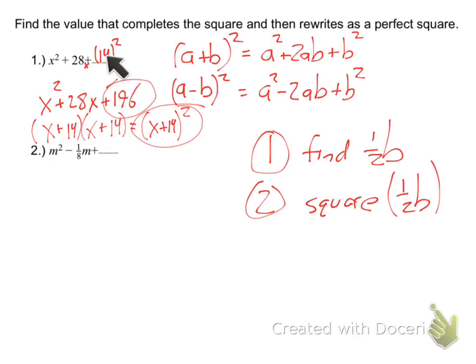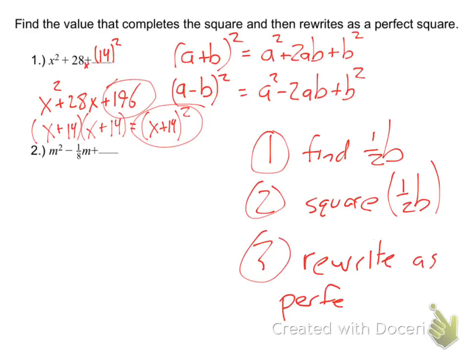I left this as 14 squared for a reason, because what goes with the x? 14. Yes. So, step 3, I'm going to say rewrite as a perfect square, right? That was our last step in the parentheses.